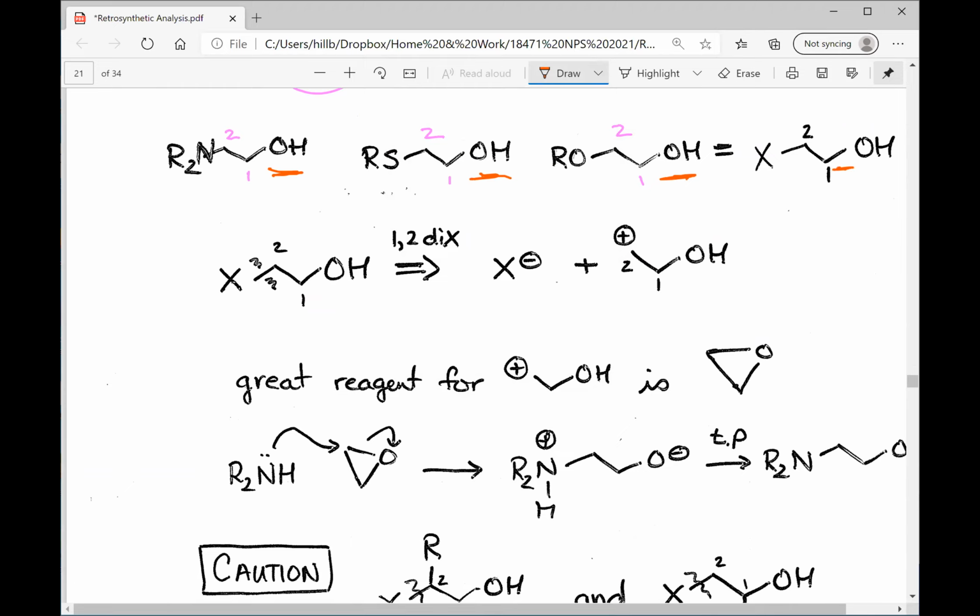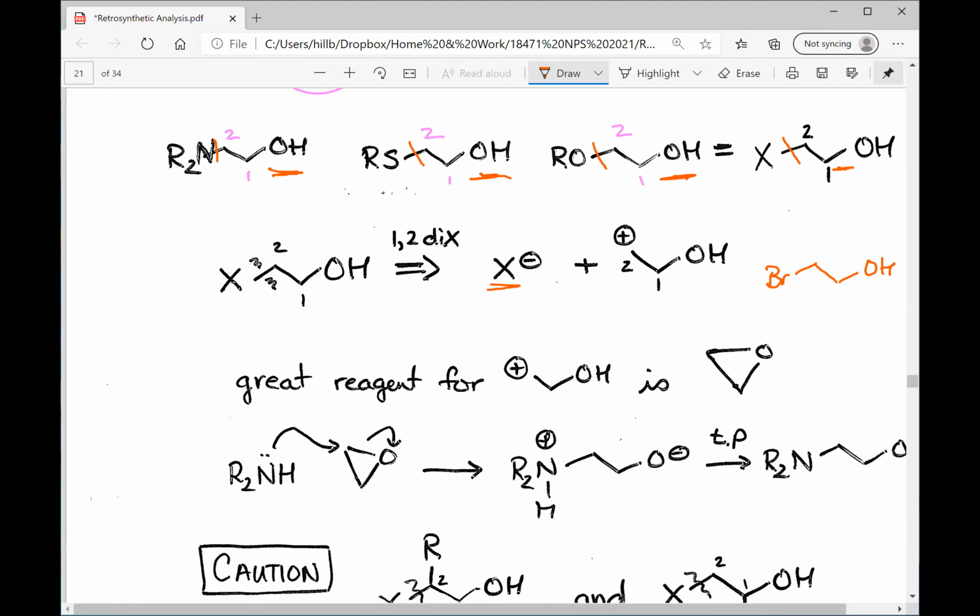And so if we break this bond here, here, here, or here, we would have whatever our heteroatom is, X, and this. And we may say to ourselves, well, this is a perfect sort of reagent right here.